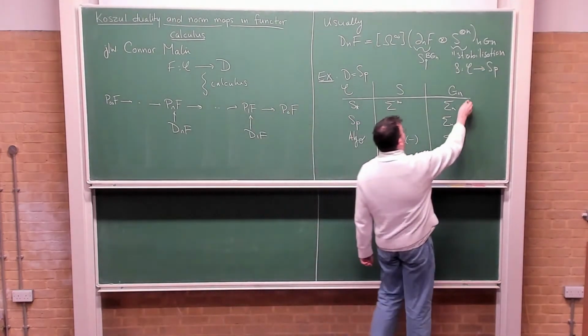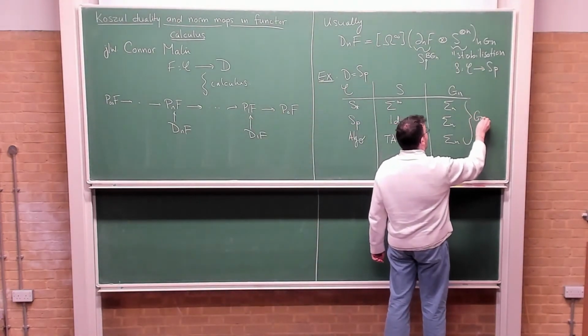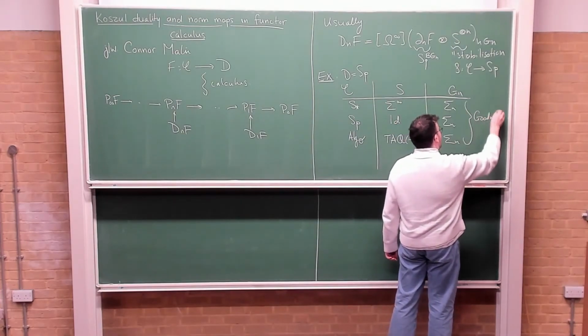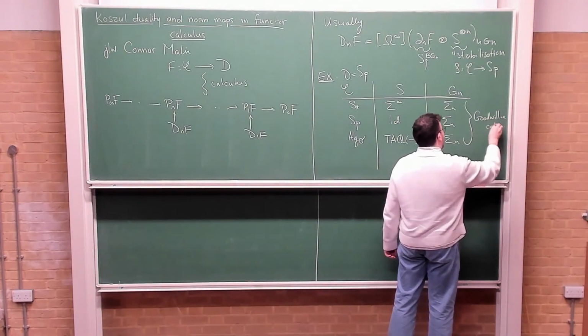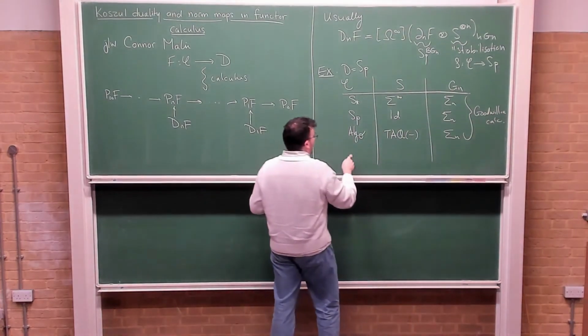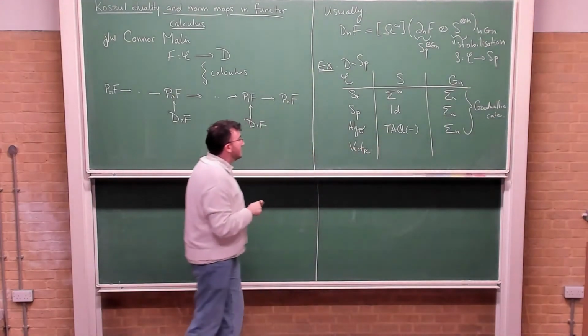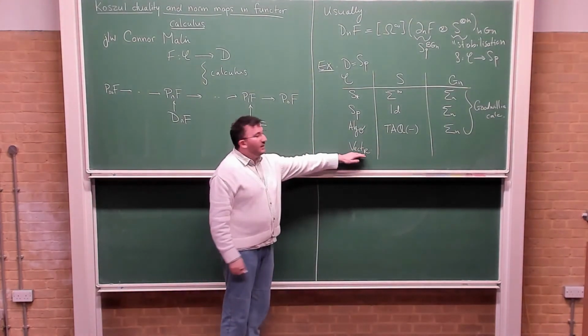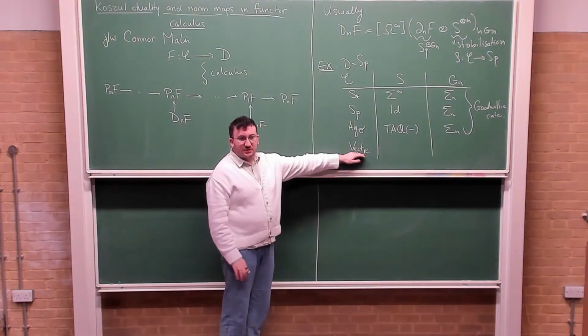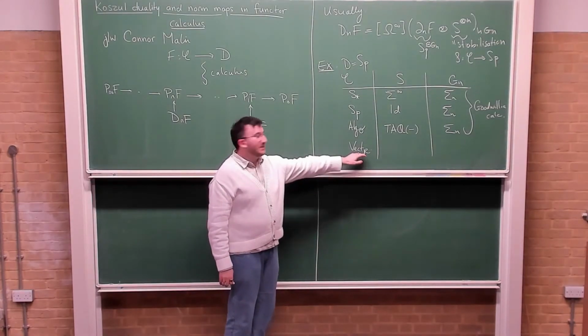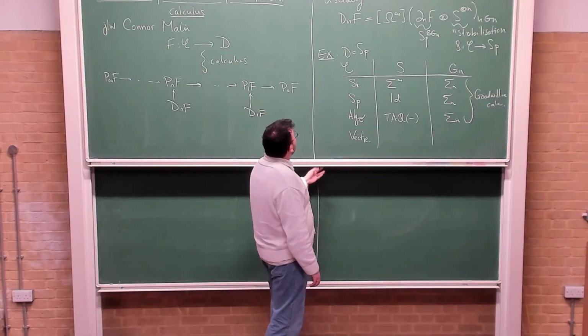So if you're in this setting, this is what people call Goodwillie calculus. But if you take something different, I can take what I'm going to write as Vect, which by that I mean finite dimensional inner product spaces with isometric embeddings. But it's basically vector spaces.